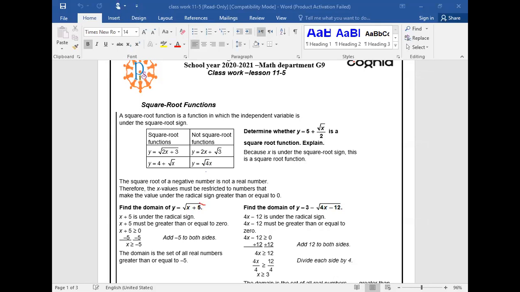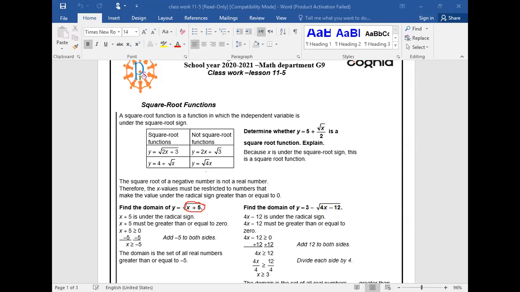I have x plus 5, so we take the expression under the square root sign and put it more than or equal to 0. More than or equal to 0 means it's 0 or a positive number. As I said, we will not accept any negative number. Then it will be x plus 5 more than or equal to 0.